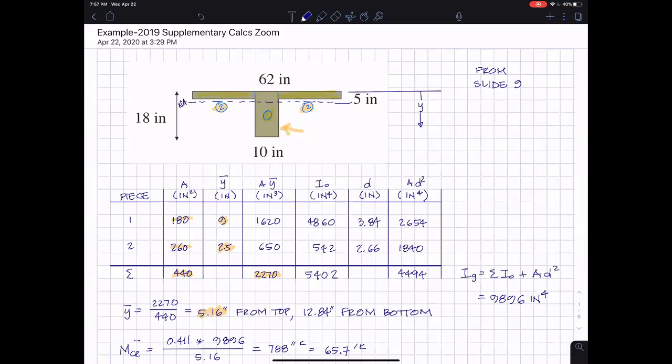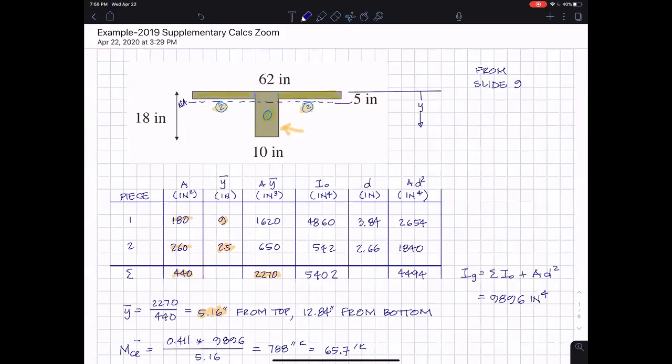And I've done that there, 3.84 inches from there to the middle of that 5-inch thick slab, and 3.84 inches from there to the middle of that rectangle 1, and 2.66 inches from there to the middle of the slab.